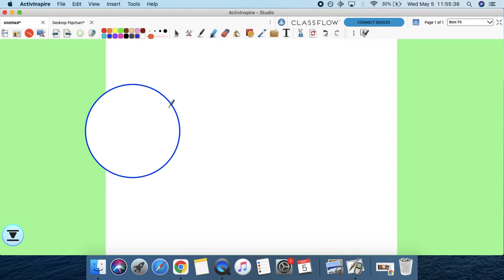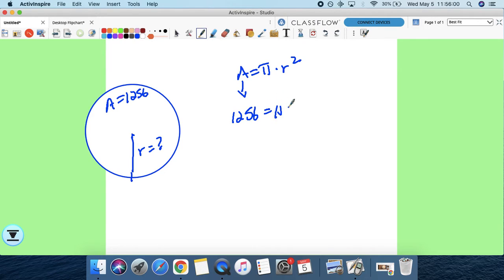And then we have 7c, which is area equals 1256. So again, we want the radius. ¿Cuánto es el radius? So A equals pi r squared, that's the area, 1256 equals pi r squared.